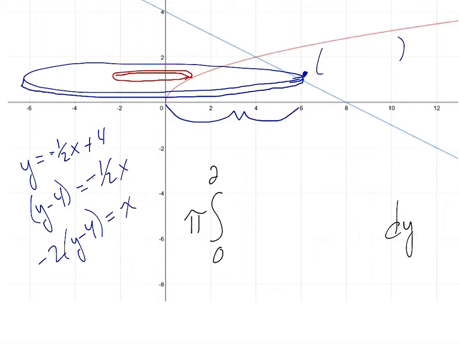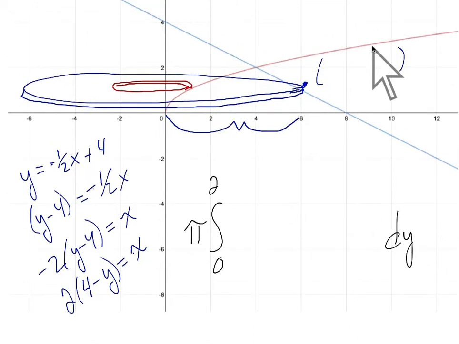so x is equal to negative 2 times y minus 4, and actually let's just write this in terms of the positive. So that x coordinate up here is going to be 2 times 4 minus y, comma, y.